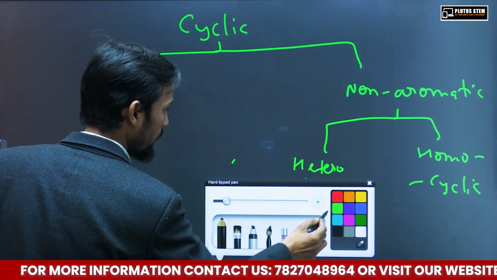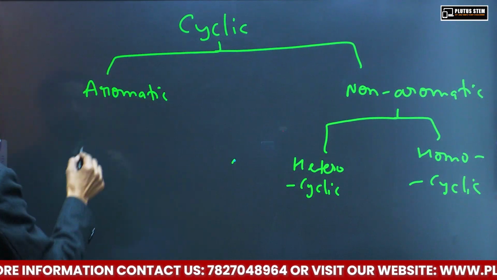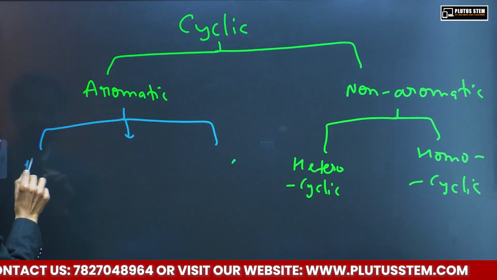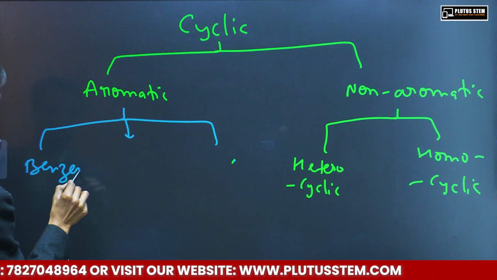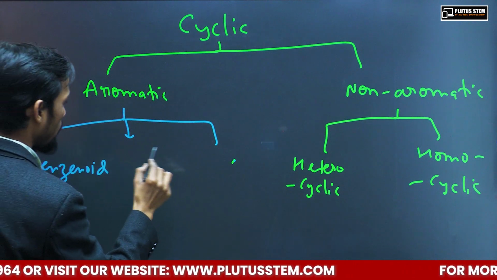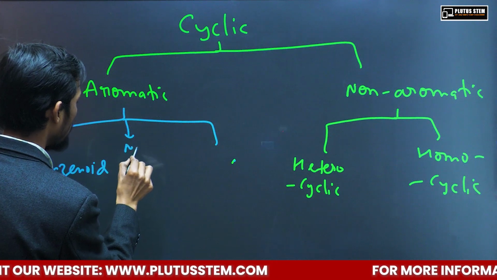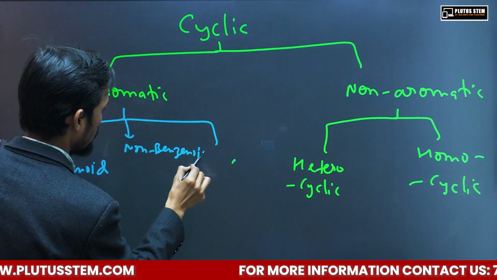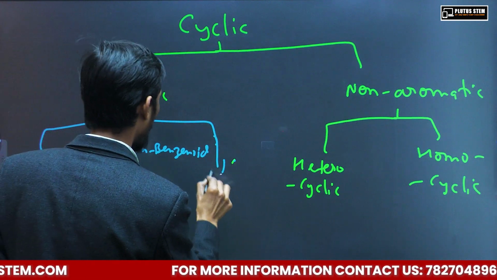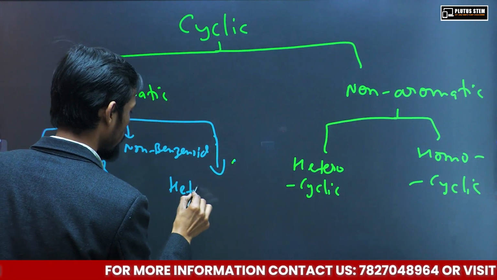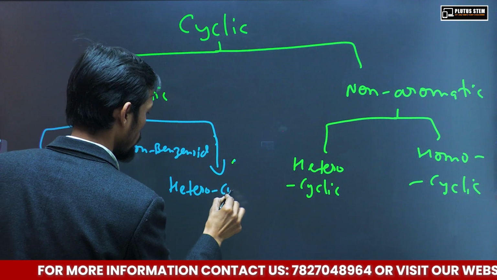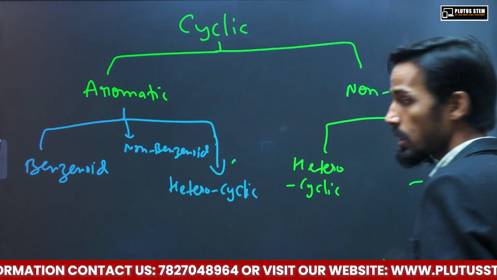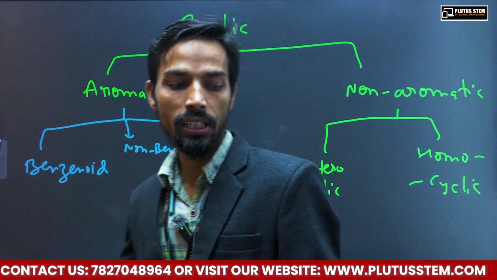In this aromatic we have three: benzoate, non-benzoate, and the third one is heterocyclic. This is what we discussed in the previous lecture.